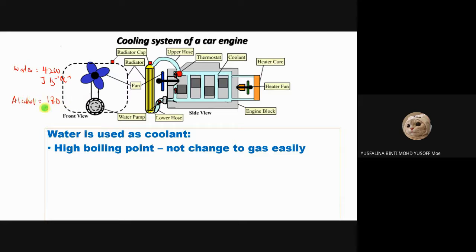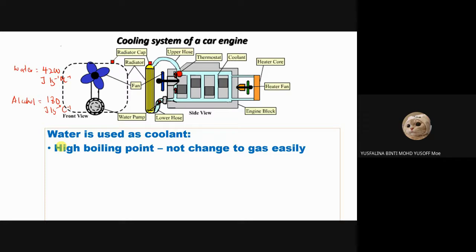Let's say 180 J/kg°C. If I give 180 joules of energy to the alcohol, it already rises 1 degree Celsius. But if I give 4,200, you can imagine how much the temperature will increase. So that's why we use water, because it has a high specific heat capacity. It can absorb more heat, and it's hard for the water to rise in temperature.